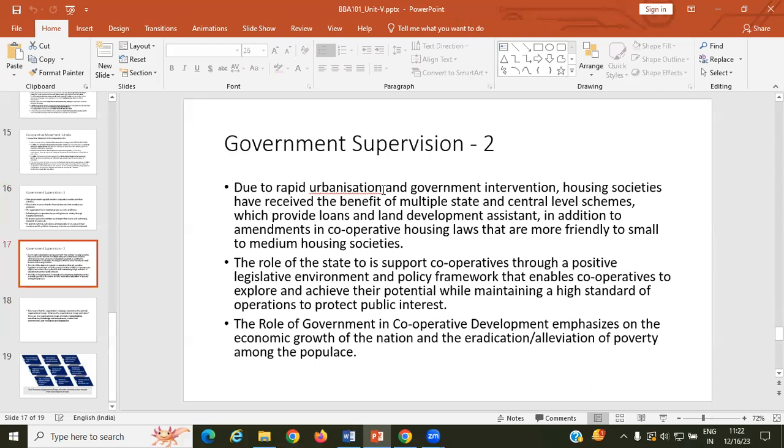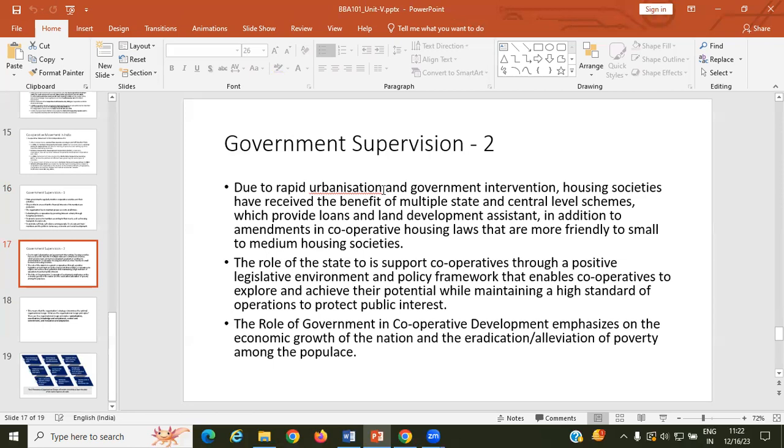If a lot of housing projects are happening, then housing societies have received the benefits of multiple state and central level schemes. Particularly loans, people are depending on loans from different banks, or some government organization.